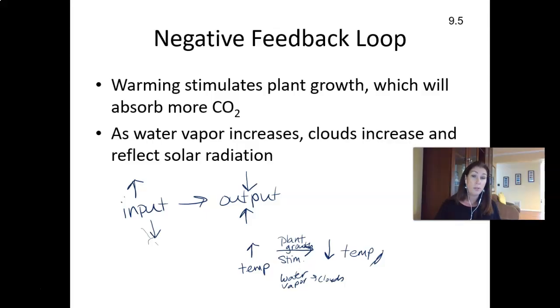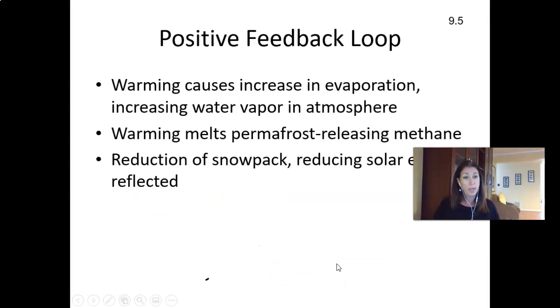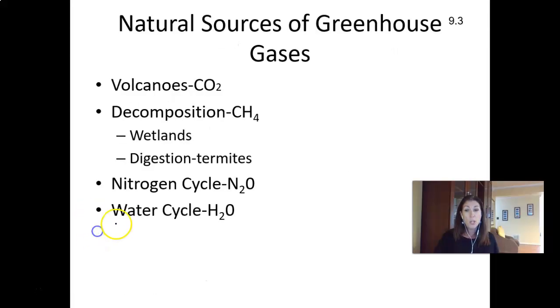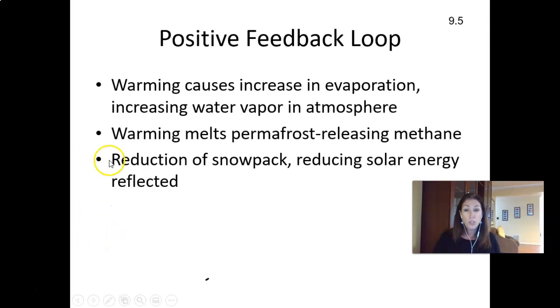Now, both of these feedback loops could definitely be in play, but the problem is there are also positive feedback loops in play. With a positive feedback loop, your stimulus and your response are in the same direction, so here, an increase in temperature leads to a further increase in temperature. And this is where things can get dangerous.